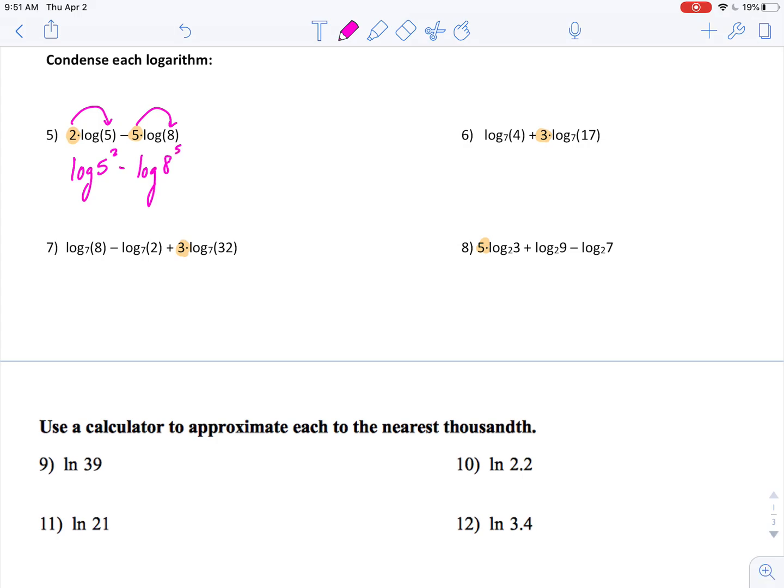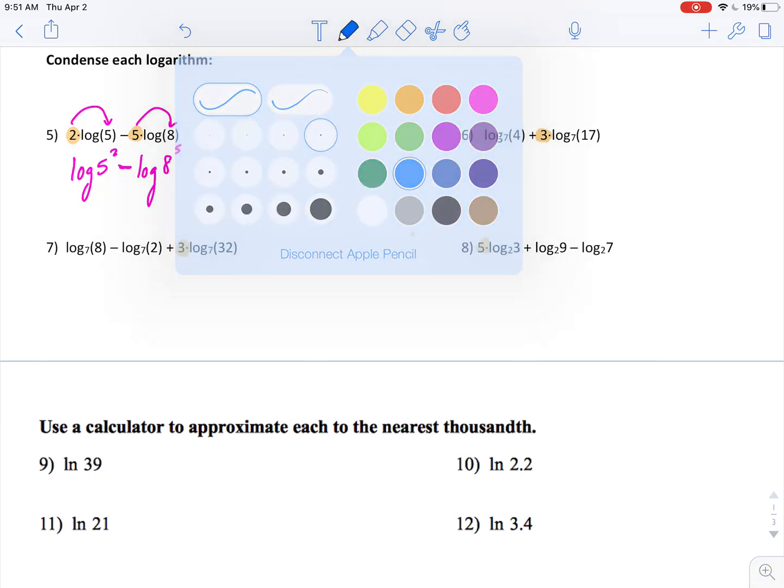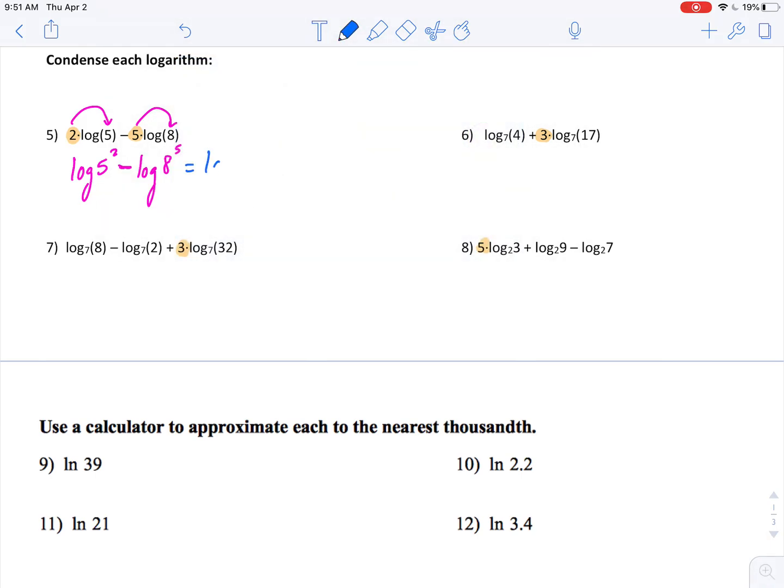All right, so let's rewrite this. I've got log of 5 squared minus log of 8 to the 5th. And now I've got subtraction, so I want to condense this into a single log.